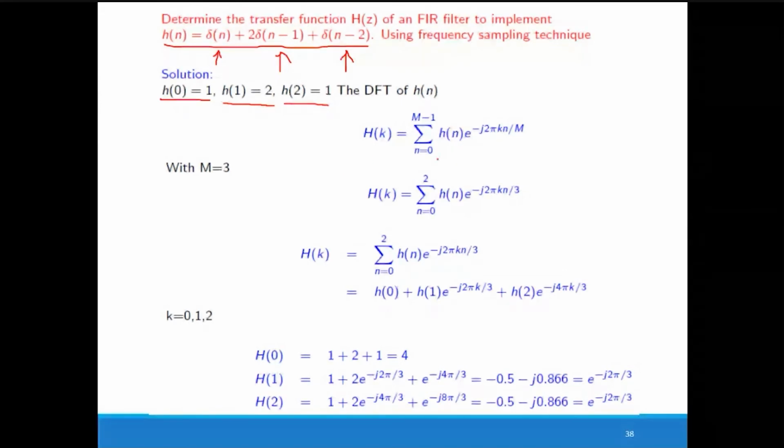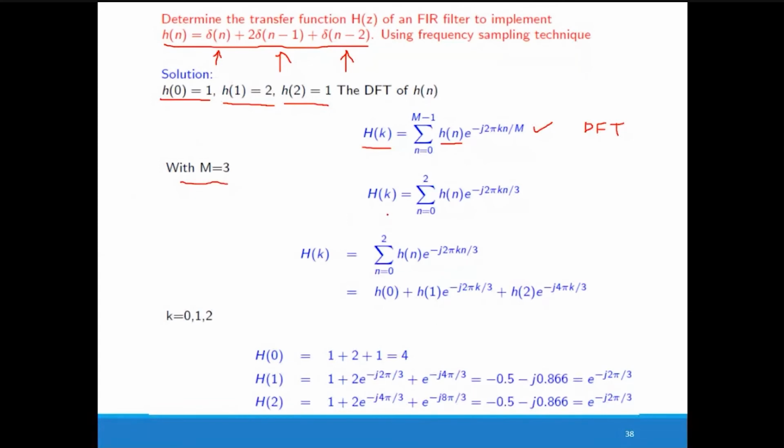Okay, so we apply the equation of DFT over here. H of k is the sum from n equal to 0 to M minus 1 of h of n e raised to minus j 2 pi k n by M. This is the general equation of DFT, but instead of X of k and x of n, we have written h of k and h of n. As the total number of samples is 3 only, we take M equal to 3.